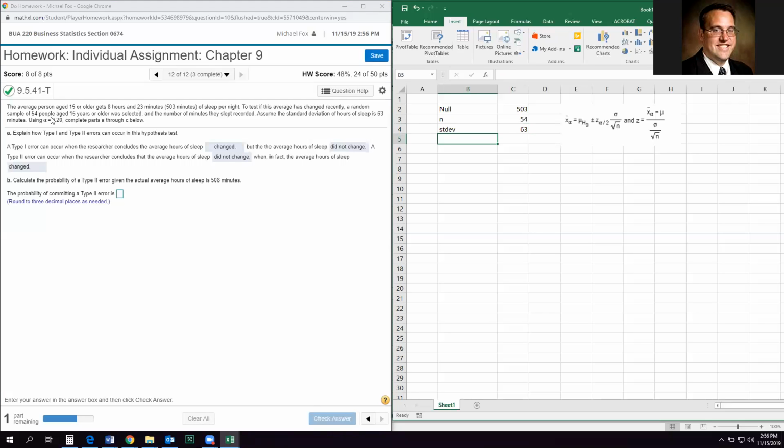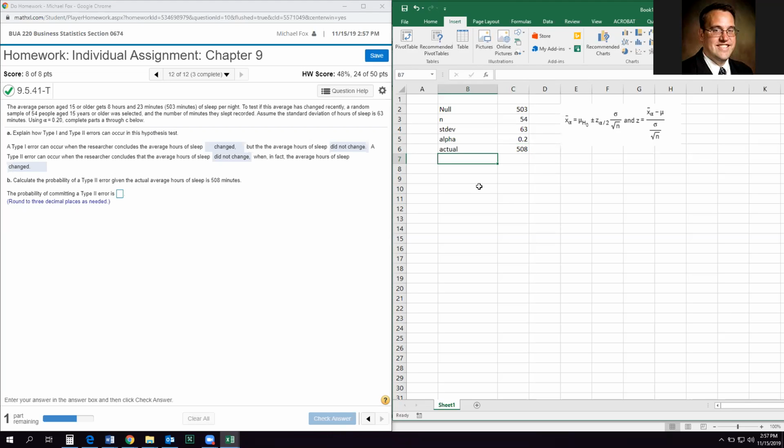And we know our alpha, 0.2. And we know our actual mean, population mean, is 508. So I'm just going to call this actual. And our actual is 508. That's given to us here in the problem.